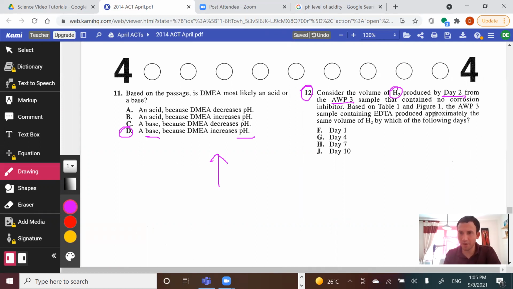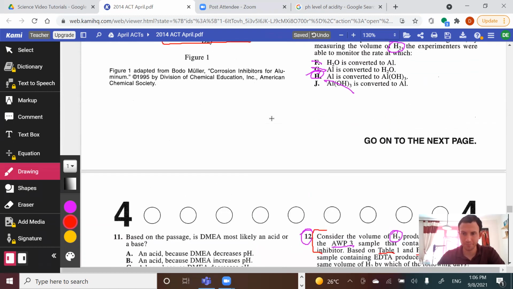Based on Table 1 and Figure 1, the AWP3 sample containing EDTA produced approximately the same volume of H... Okay, so there's a lot going on here. Let's just break it up into pieces. They're going to have us use a table and a figure, and we just need to break it up piece by piece. So let's do the consider part first. Let's go day 2, AWP3, and figure out what H2 output we get.